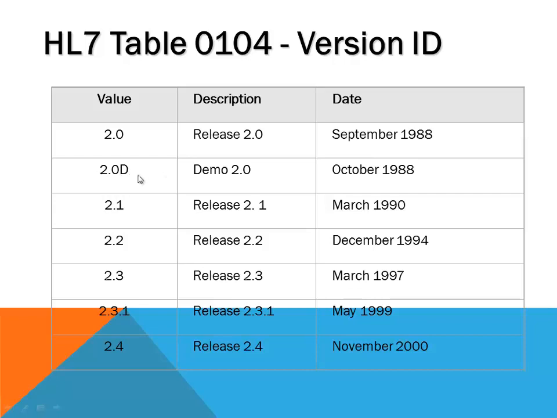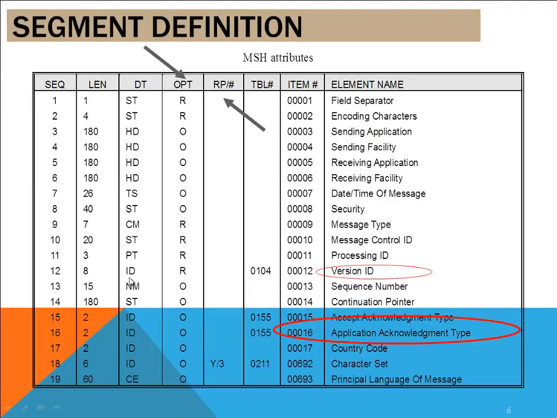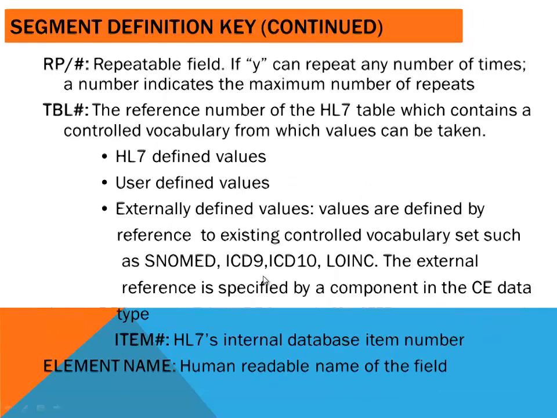Also 2.0D means demo 2.0. There are 2.1, 2.2, 2.3, 2.4. We have these different values. So in this place, the version ID value can be taken just from this table.